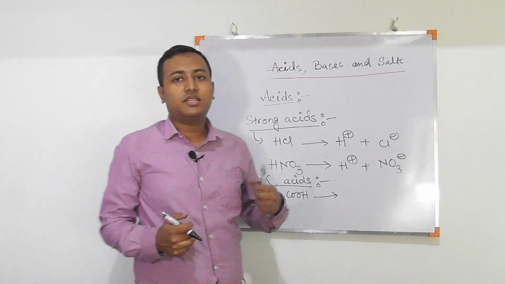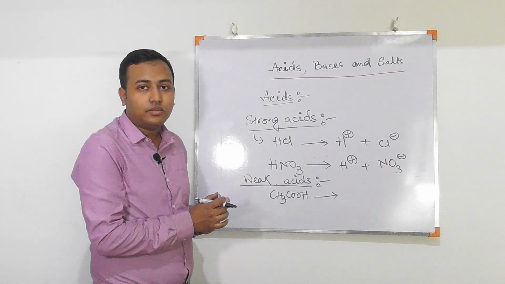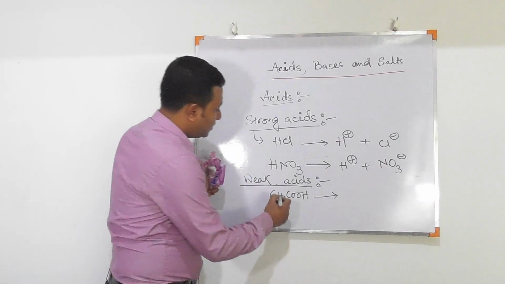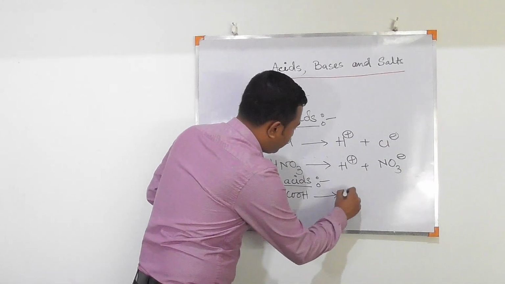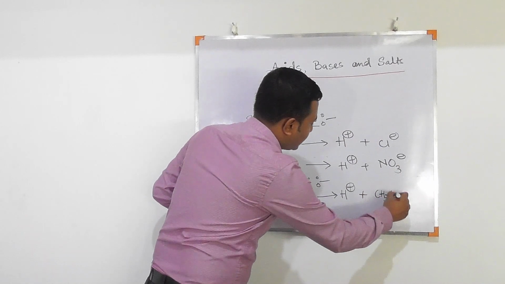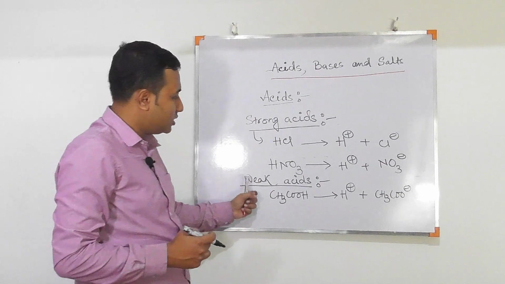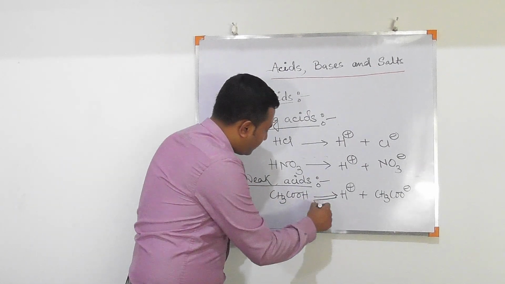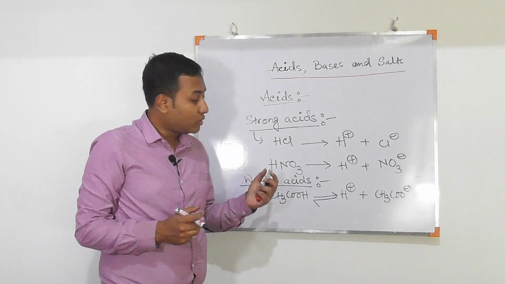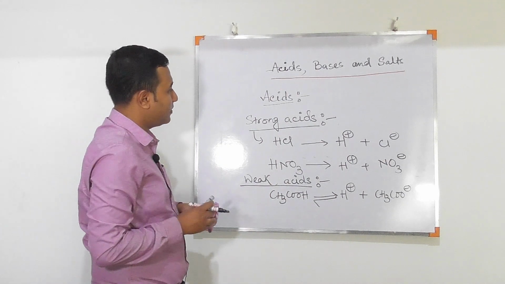We use acetic acid as vinegar in our kitchen, so it is a very common acid and we use it in our daily life. Acetic acid partially dissociates into H plus and acetate. That means 100% dissociation is not possible in case of weak acid. That's why we get very few H plus from these weak acids.